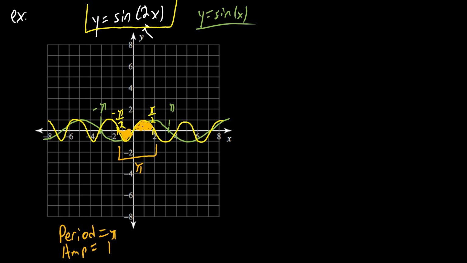Now if you're confused about how I was able to know that this was a horizontal compression when I just looked at that, how I knew that 2 was going to be compressing it, if we come over here and just write out a pretty basic function here, it allows you to understand how shifts and scaling work.